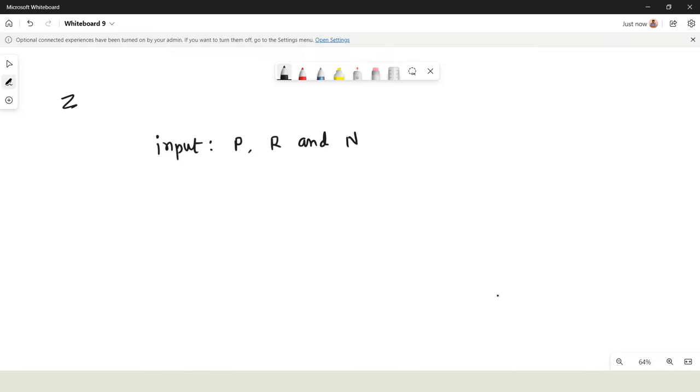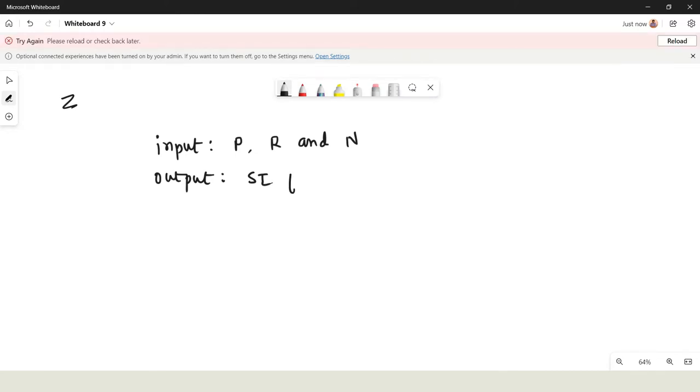N stands for time. In this case we will take year as the time. Okay, then output: simple interest for the given P, R and N.